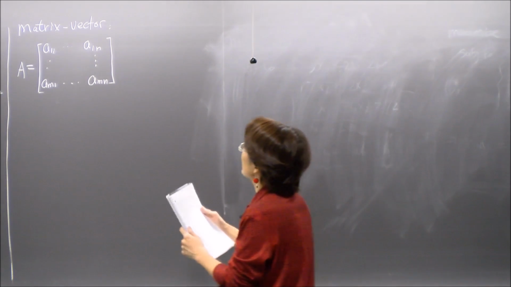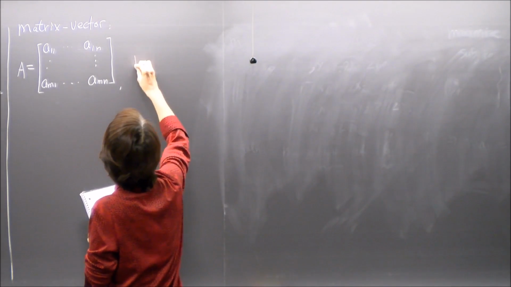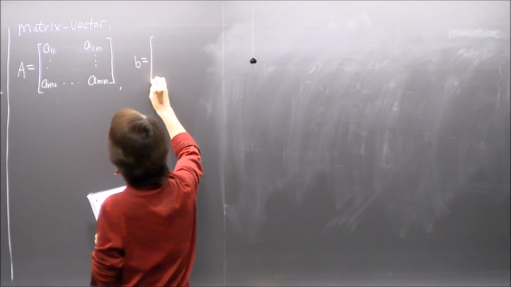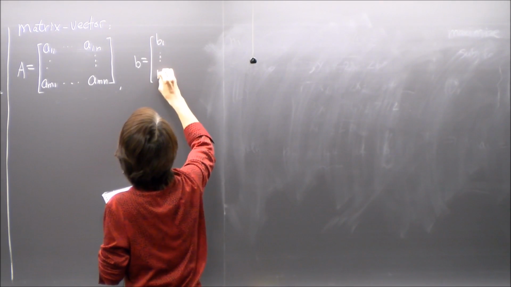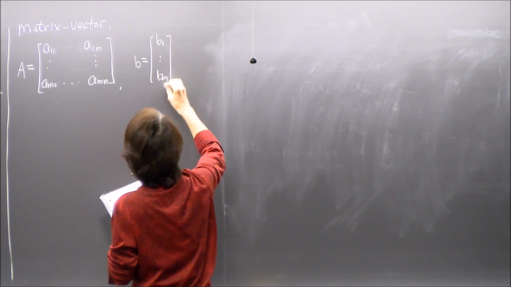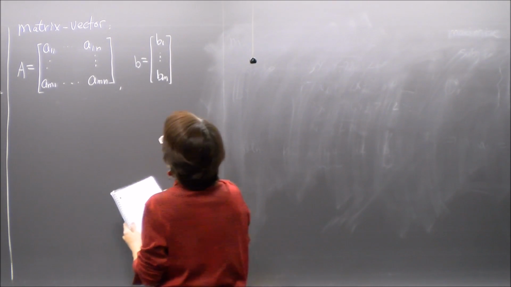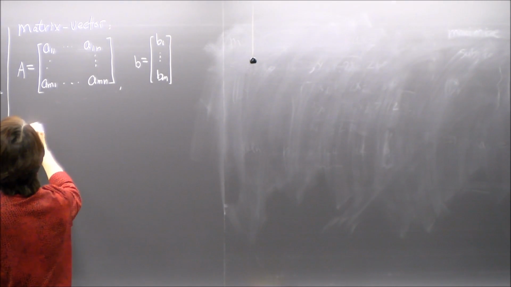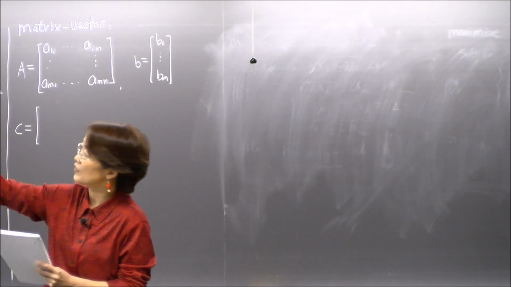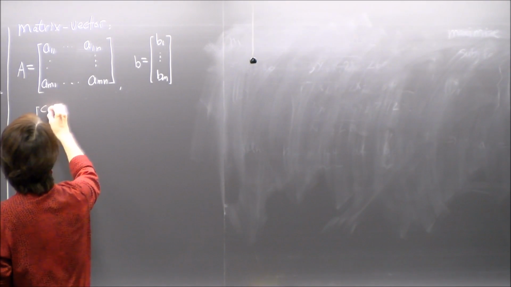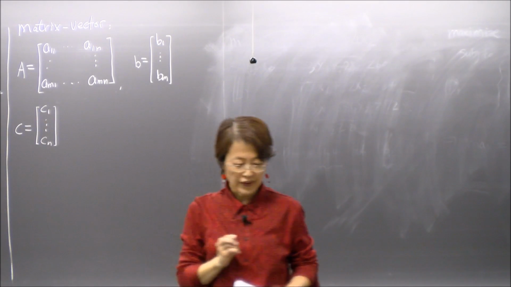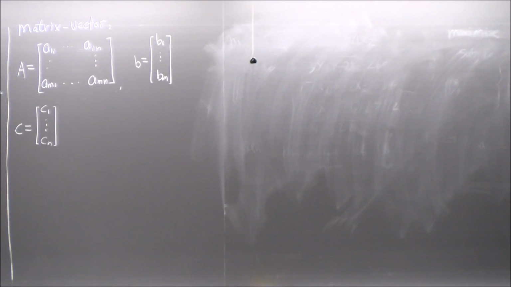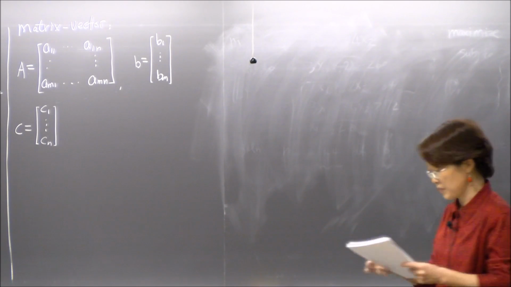All right. And I will define a vector b to be the right-hand side, b1 all the way to bm. That's the b. And then I'll define the c, the coefficients in front of the objective function, c1 all the way to cn. All the vectors are column vectors by my definition. If you want a row one, you have to transpose it.